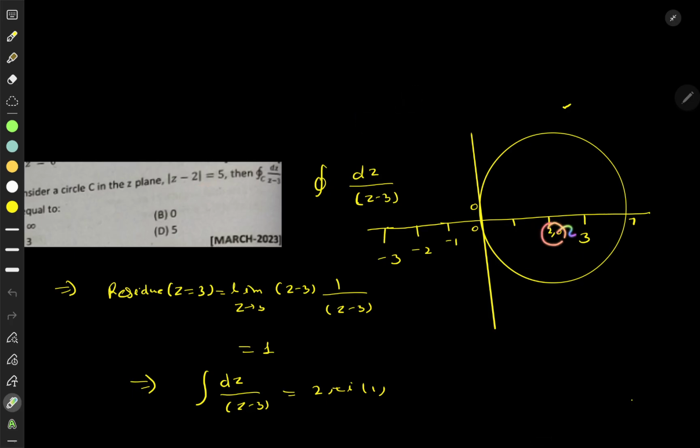So here is the center 2, 0, and if the circle has radius 5, then 5 radius from here will be 7 and 5 radius from here will be 1, 2, 3, 4 and 5. So I think we have drawn it wrongly. It will be very big.